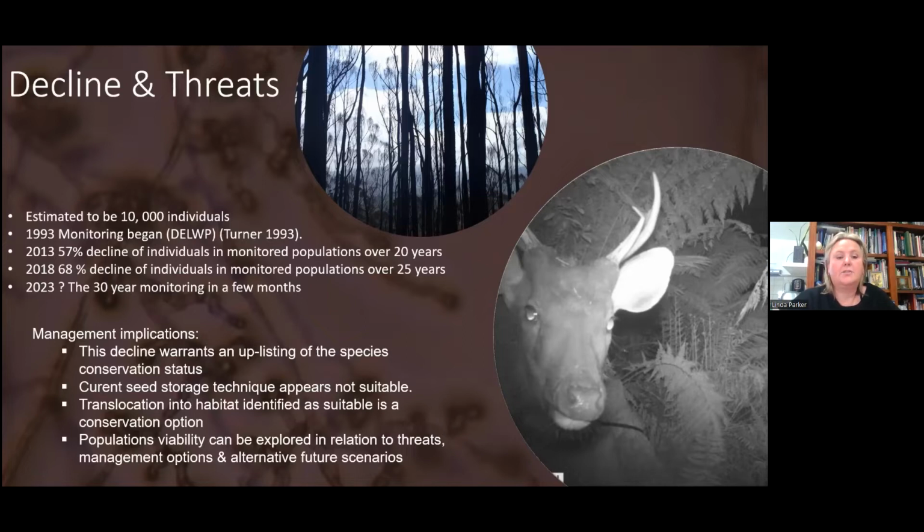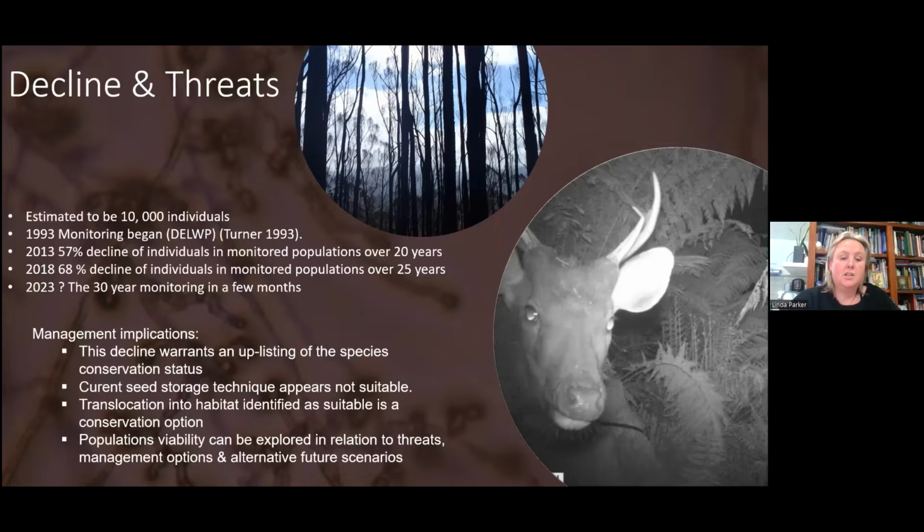The current seed storage techniques appear not suitable. We've done some trials with Andre Messina at the Royal Botanic Gardens, and they were previously storing them at -20 degrees, and we found that the seed's somewhat recalcitrant and isn't viable with those storage conditions.